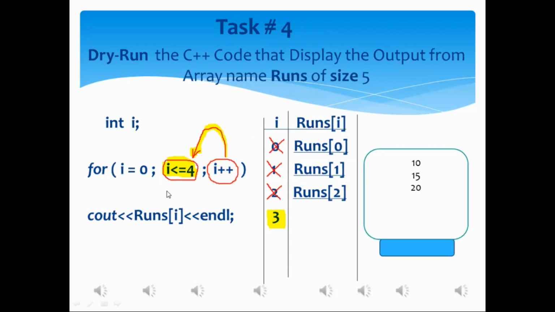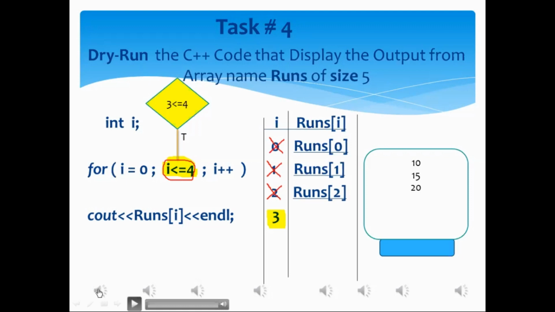What will this condition become here? 3 is less than or equal to 4, just like the way it is shown in the diamond box. Now the question to you, whether this condition is true or false. It's true, sir. My dear Aftab, your answer is correct, my dear.